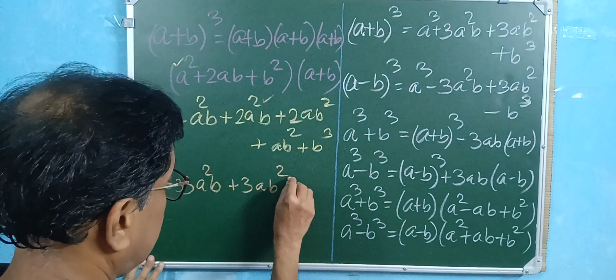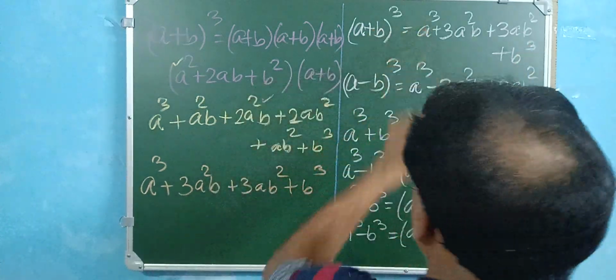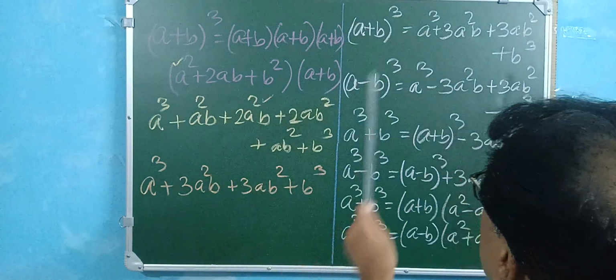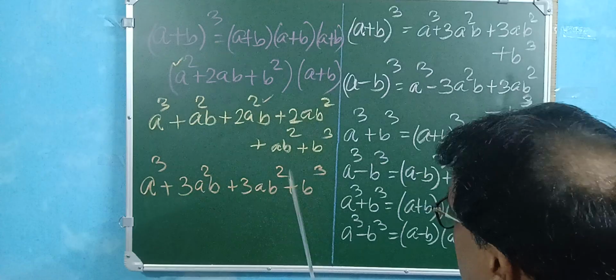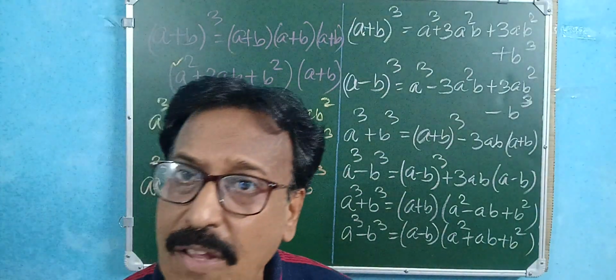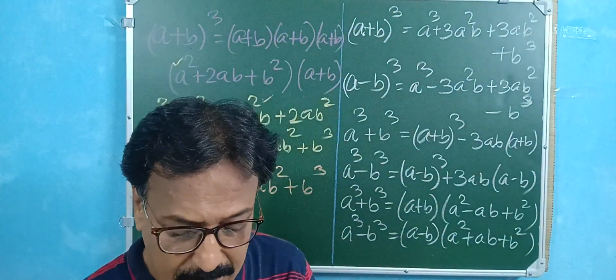And this is b cube. So the formula comes: (a plus b) whole cube is a cube plus 3a square b plus 3ab square plus b cube. In this way I have shown one deduction of this formula.